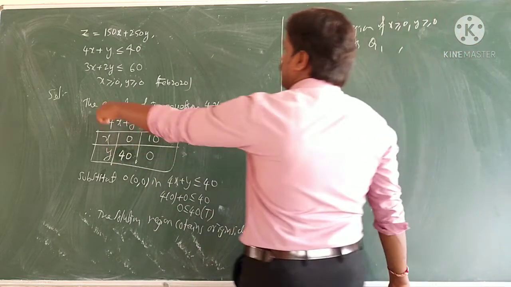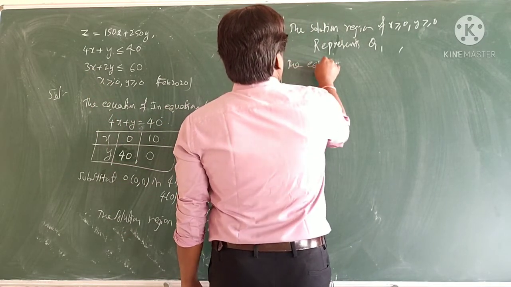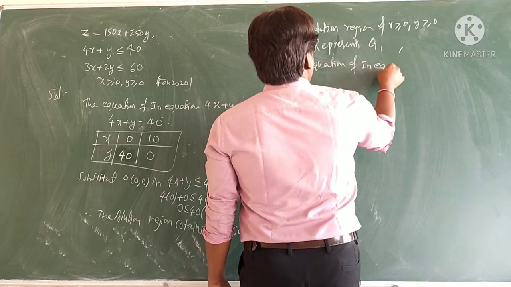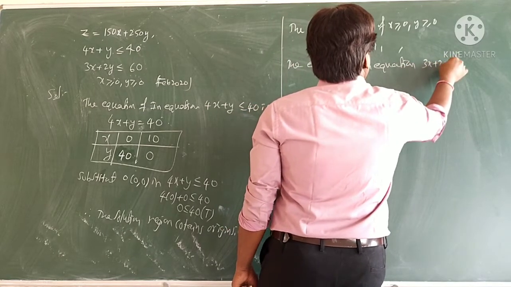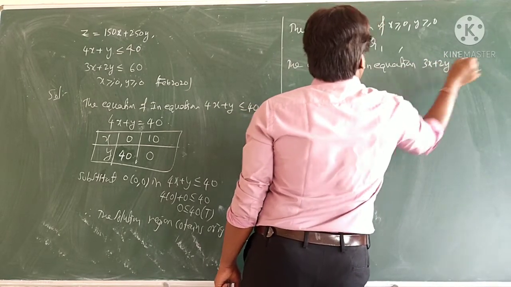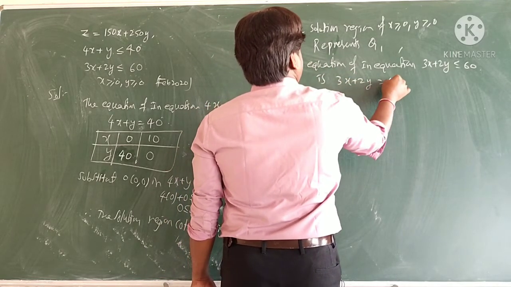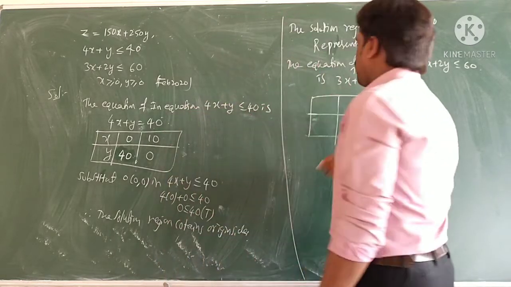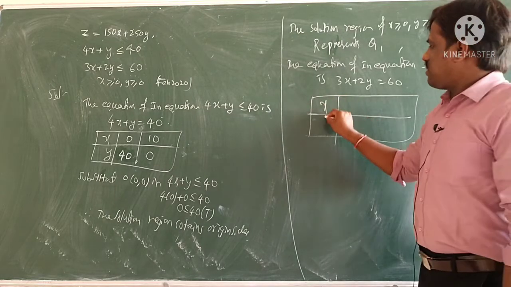Then after we will take this last one, the equation of the inequation 3x plus 2y less than or equal to 60 is 3x plus 2y equal to 60. So we take here x, we take here y.